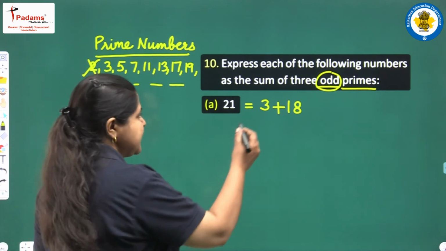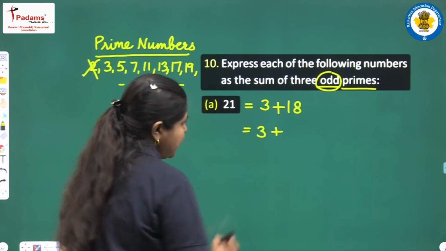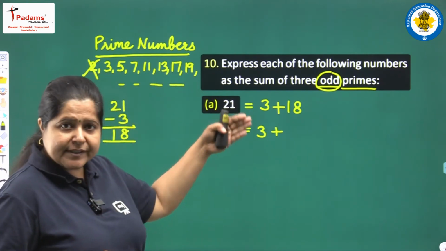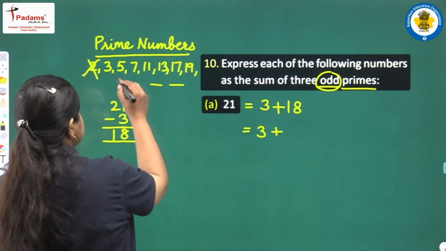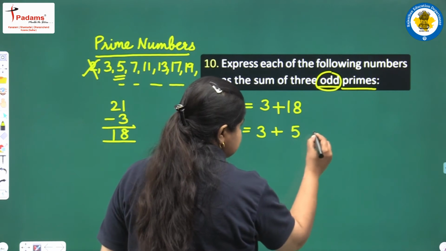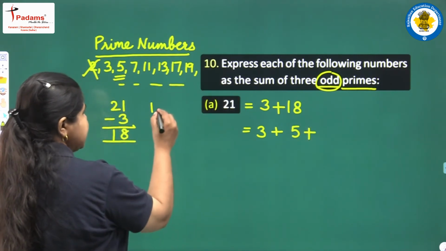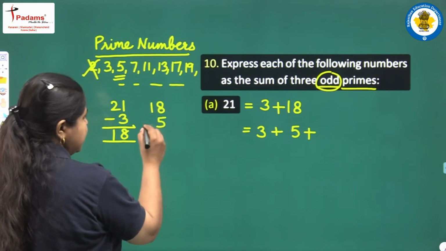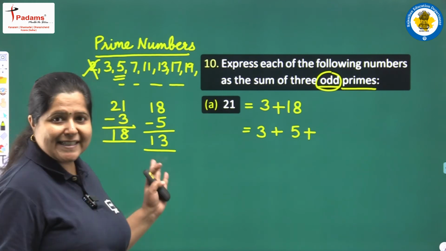Again, we will break up this 18 into 2 parts. 3 is the first part. Then we have to distribute this 18 into 2 parts. Let us take the second prime as 5. If we take it as 5, then what will be the other part? Clearly, it will be 18 minus 5. 8 minus 5 is 3, so 13.